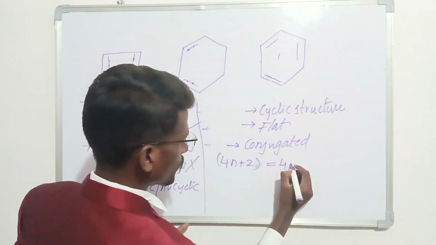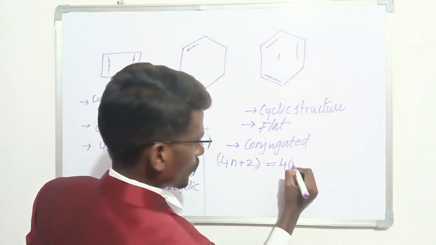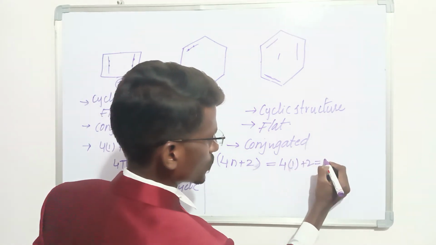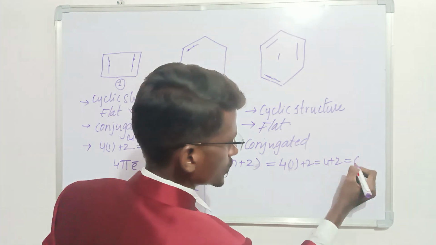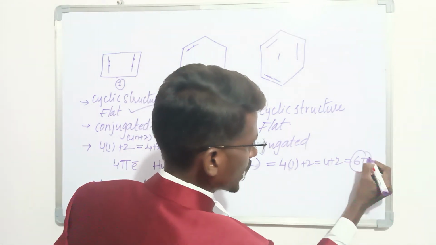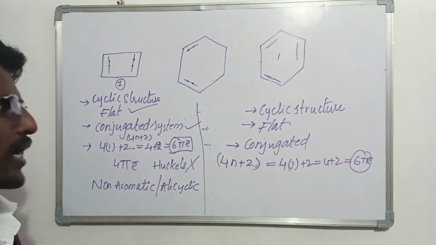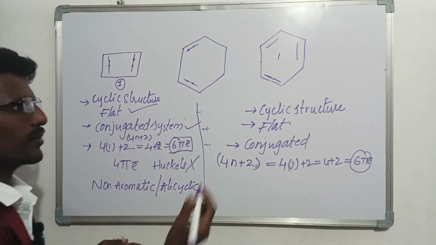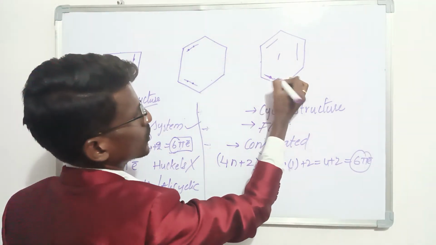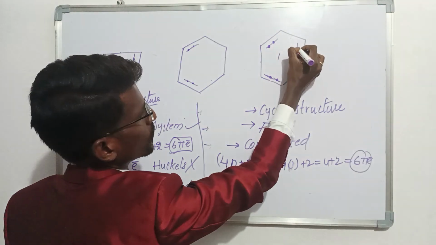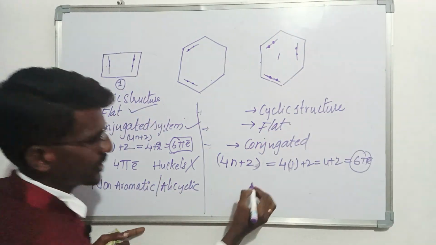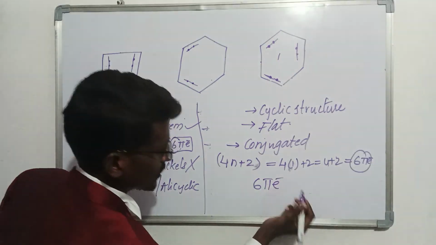So 4 into 1 plus 2, that equals 4 plus 2, 6 electrons. If it has 6 pi electrons, it is aromatic. For example, we count 1, 2, 3, 4, 5, 6, so 6 pi electrons are there.